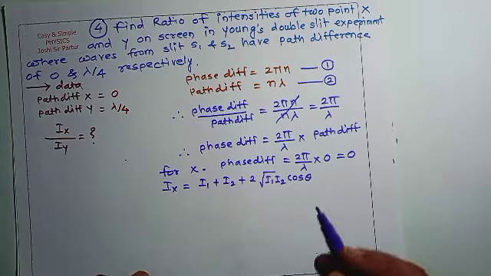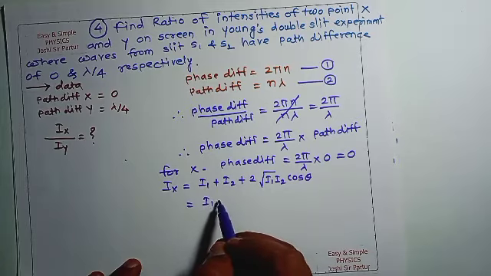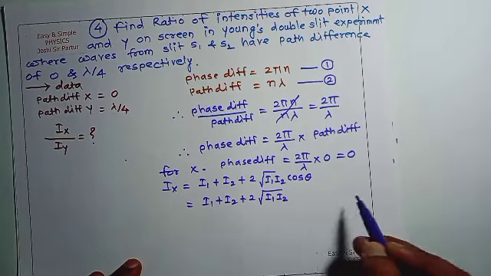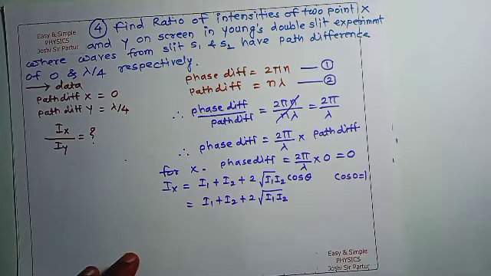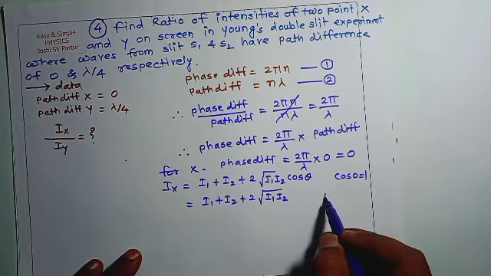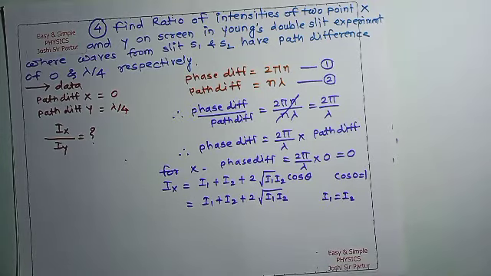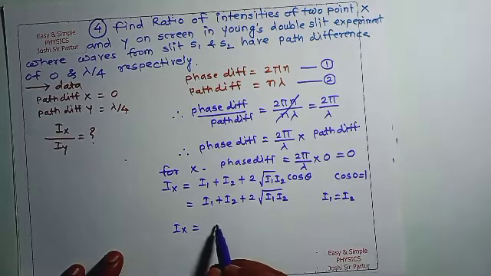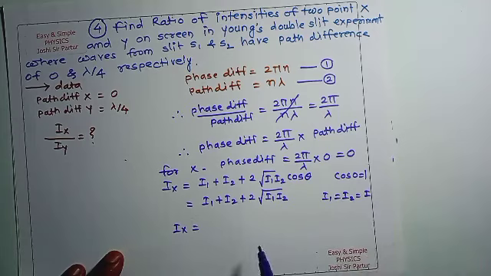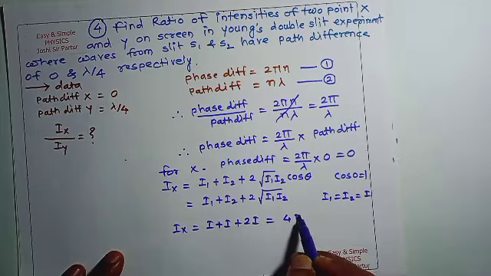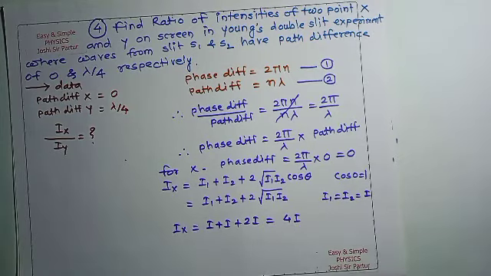So if theta is 0, then it will be I1 plus I2 plus 2 times square root of I1 I2, because cos 0 is 1. If I1 is equal to I2, they are the same, equal to I. So it will be I plus 2I. It will be 4I.